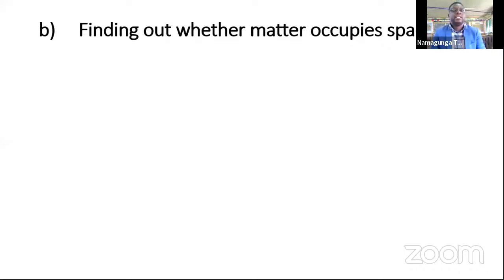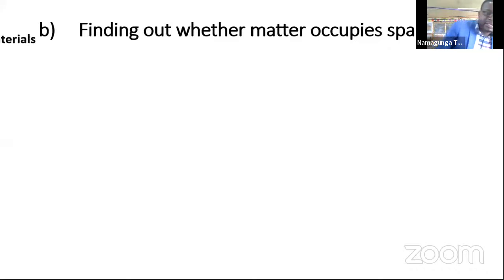That means the air which had occupied the bottle is escaping, and then the water is occupying. So when you see that, automatically it will show that air or matter occupies space.